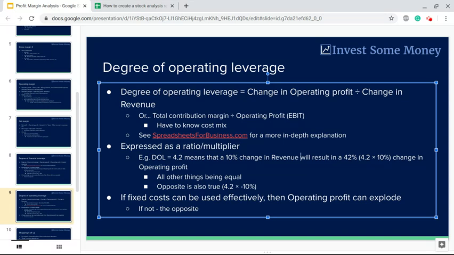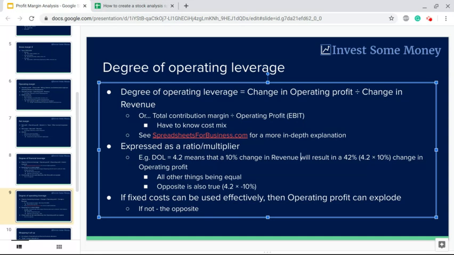So it all depends. If you're using that fixed cost wisely, if you're investing it in your company well, if the company you're analyzing is investing it well, then that's great. More sales, more revenue, higher operating profit because the cost is fixed. It's not going to scale up with that increase in units sold.